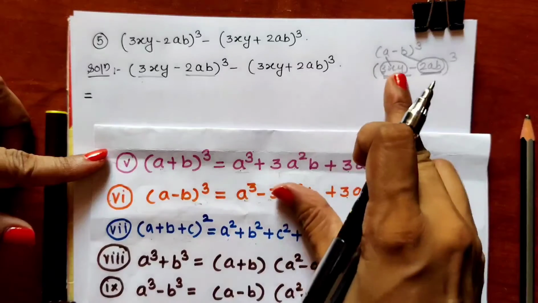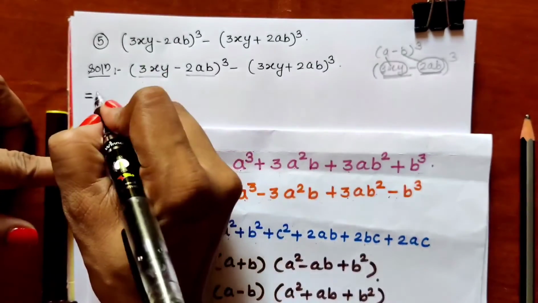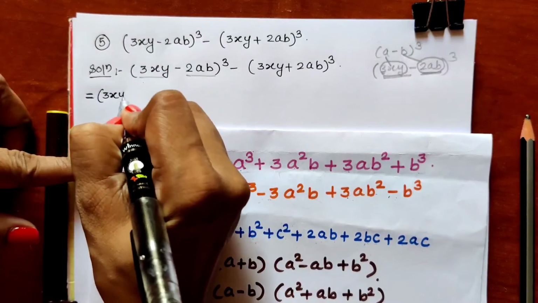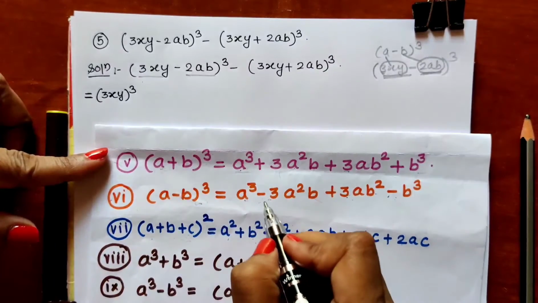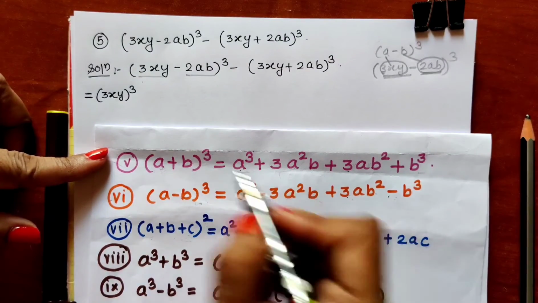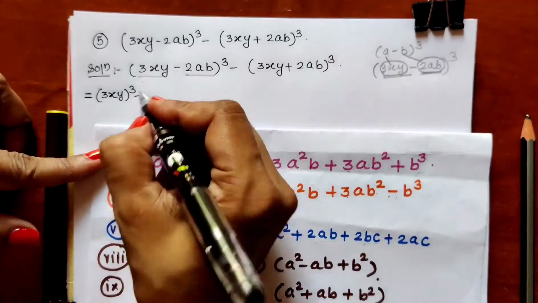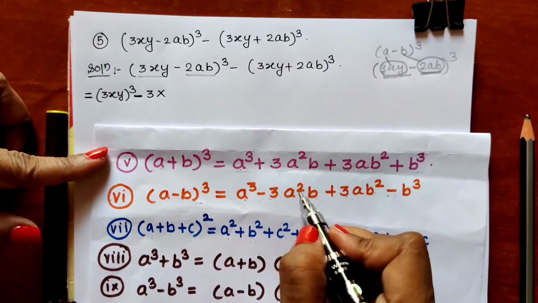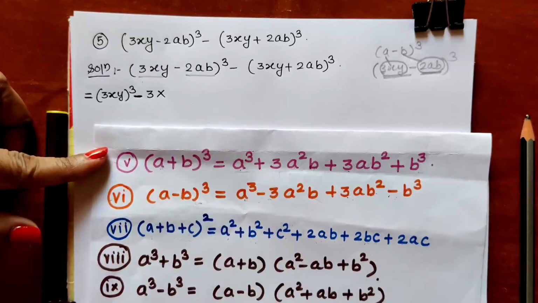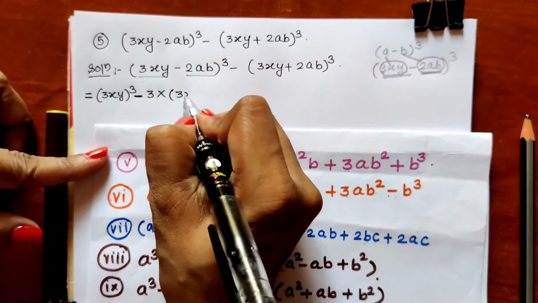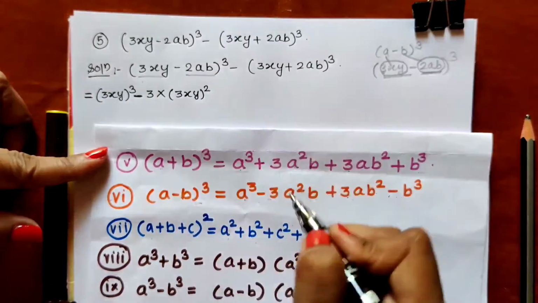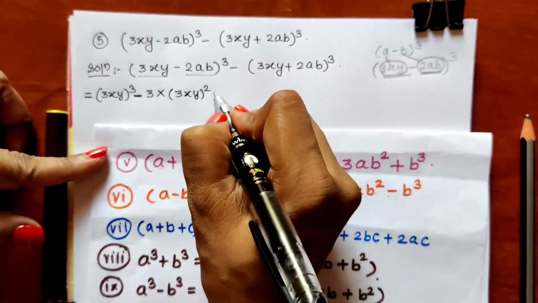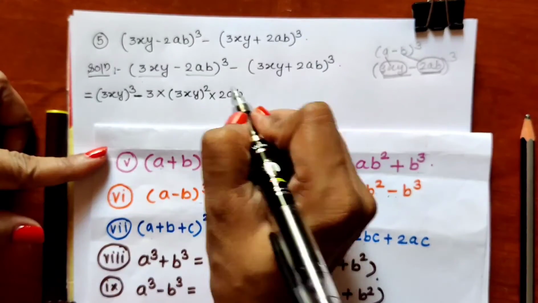So a cube means (3xy) cube, minus 3 into a square into b. So minus 3 as it is from the formula, into a square means (3xy) square, into b. Our b is 2ab. We have to write it complete.